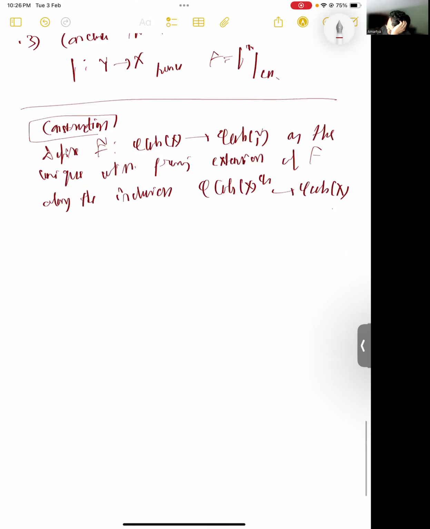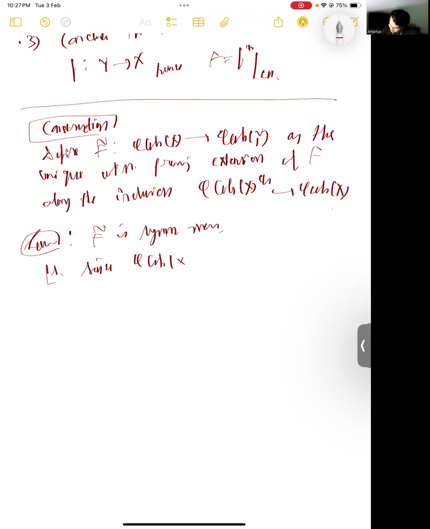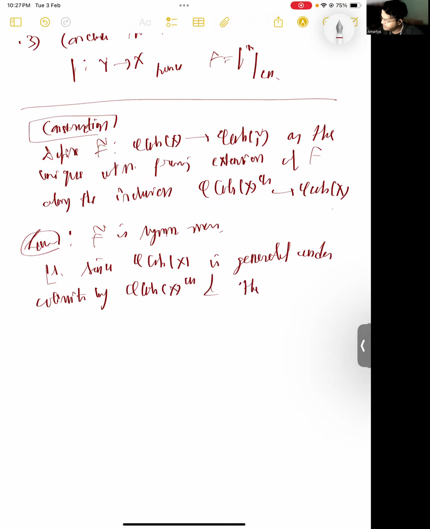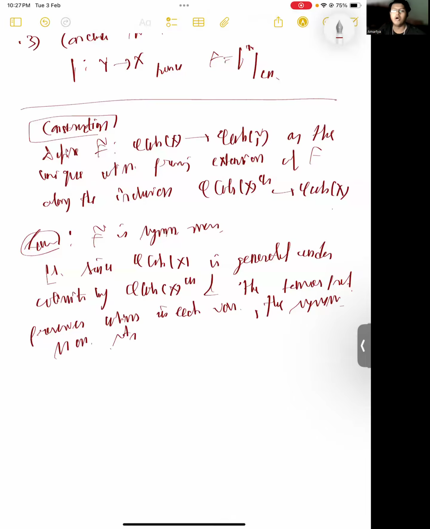Lemma: F tilde is symmetric monoidal. Since QCoh X is generated under colimits by QCoh X connective, and the tensor product preserves colimits in each variable, the symmetric monoidal structure of F extends uniquely.